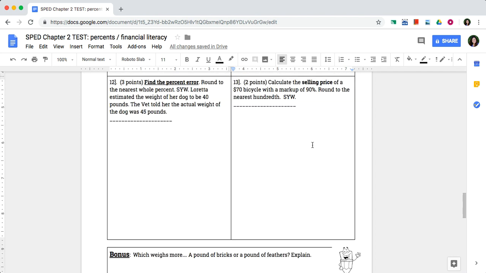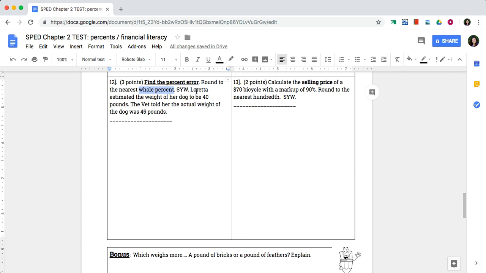All right, number 12. Find the percent error. Round to the nearest whole percent. So whole percent right here, you're going to round to the nearest whole percent. Once again, that is having no decimals, but you might have to use the decimal to help with the rounding part.